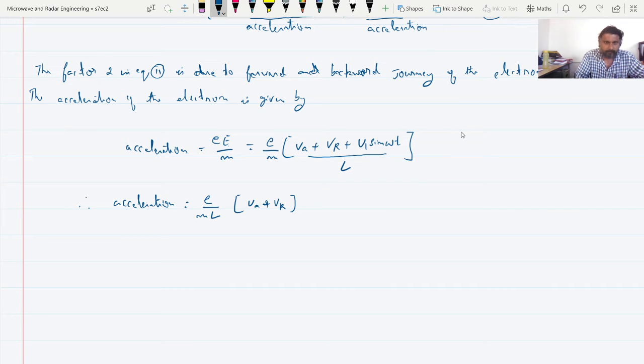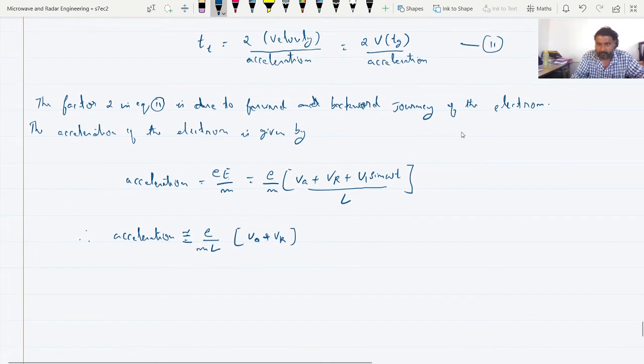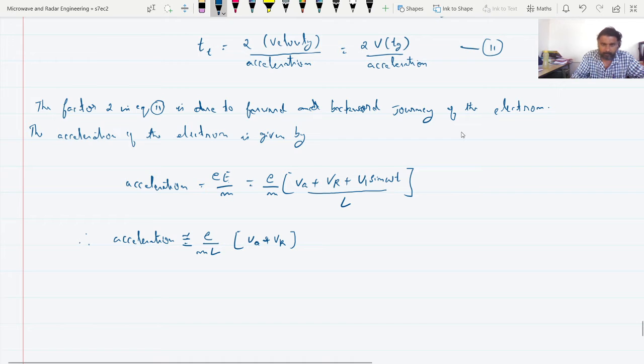Just neglect the sin omega t term. In general, nearly I can write the acceleration as e by m L into Va plus Vr. I will call this equation 12.